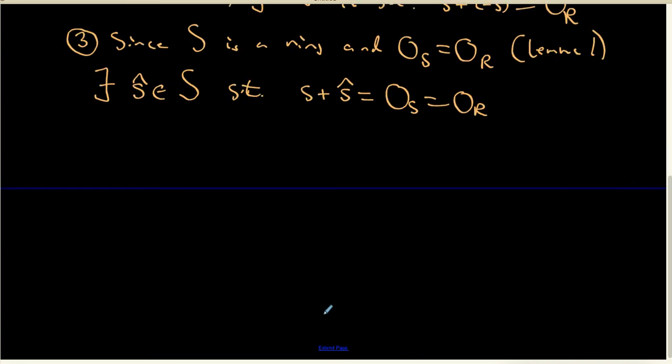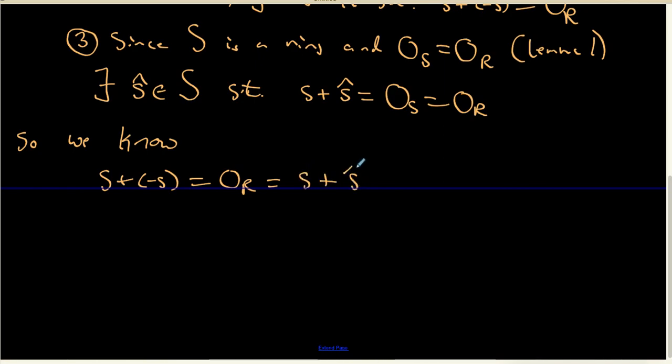So we start off by saying that we know s plus minus s is equal to 0_R, but 0_R is also equal to s plus s hat, by the above facts.